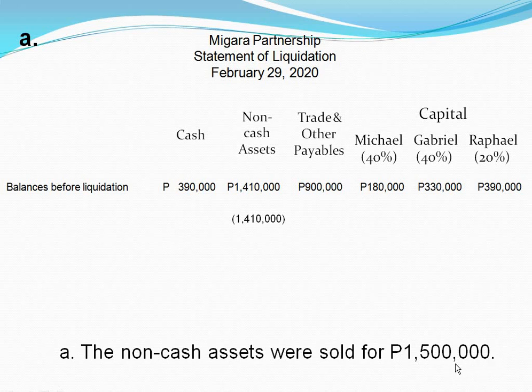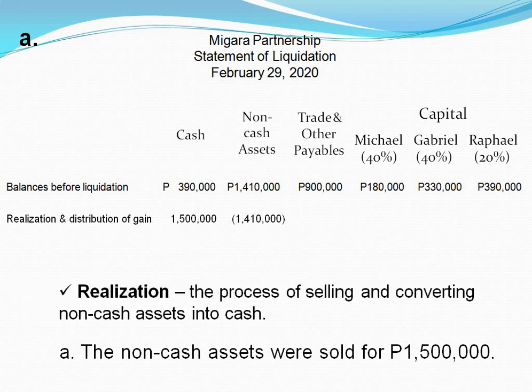So this 1,500,000 was the amount of cash received from the sale of the non-cash assets. So, when the cash of 1,500,000 was received, then the cash of the partnership increased by that amount, 1,500,000. By the way, the process of selling and converting non-cash assets into cash is known as realization.